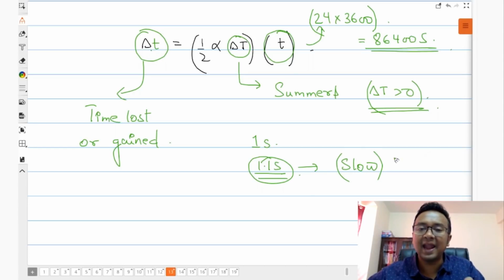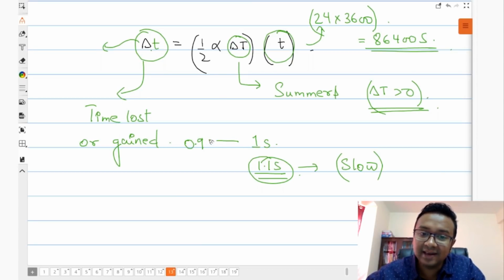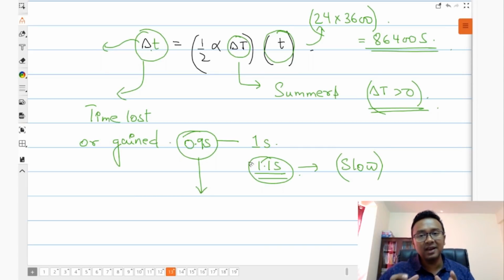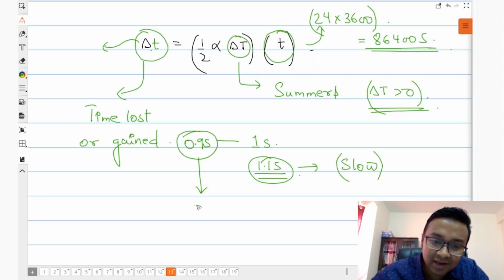And in the winter season, delta T is negative. So here this delta T is going to be equivalent to 0.9 seconds. So what is going to happen? Whatever used to take 1 second earlier, now it is taking 0.9 seconds. So it is going to run fast.